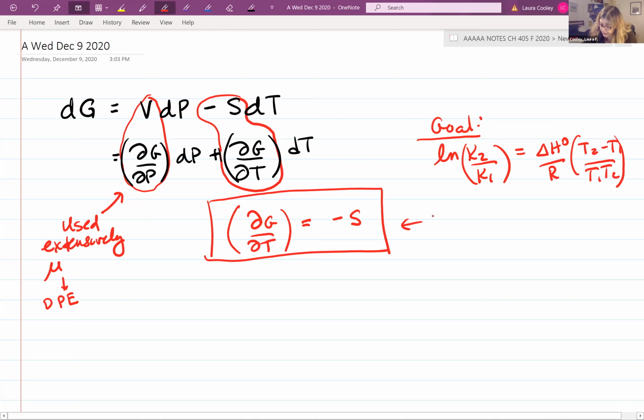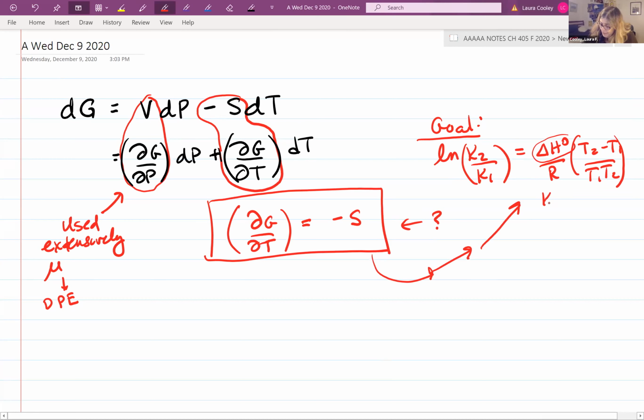And if you look at this, it's actually not obvious at all how you're going to go from this knowledge of this derivative to figuring out this thing about how K's at two different temperatures are related to the enthalpy change. I mean, it's not obvious at all, but it's pretty clear after you do it.